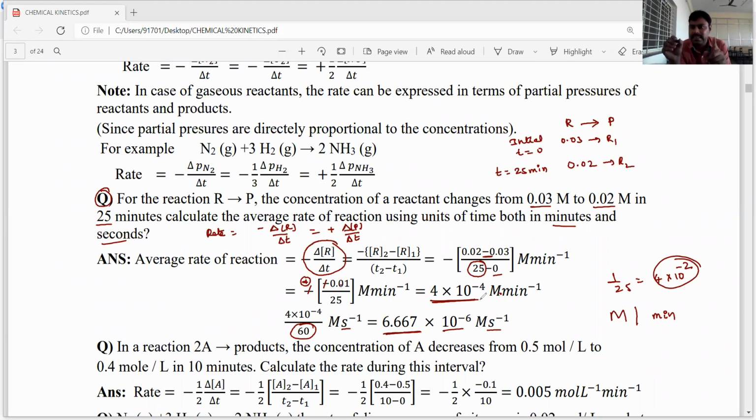So here I expressed the average rate in terms of minutes as well as seconds. The minute inverse is converted into second inverse by dividing by 60, since 1 minute equals 60 seconds. That's why I divided by 60, and the average rate came in minutes as well as in seconds. Like this, let's see another model question, dear students.